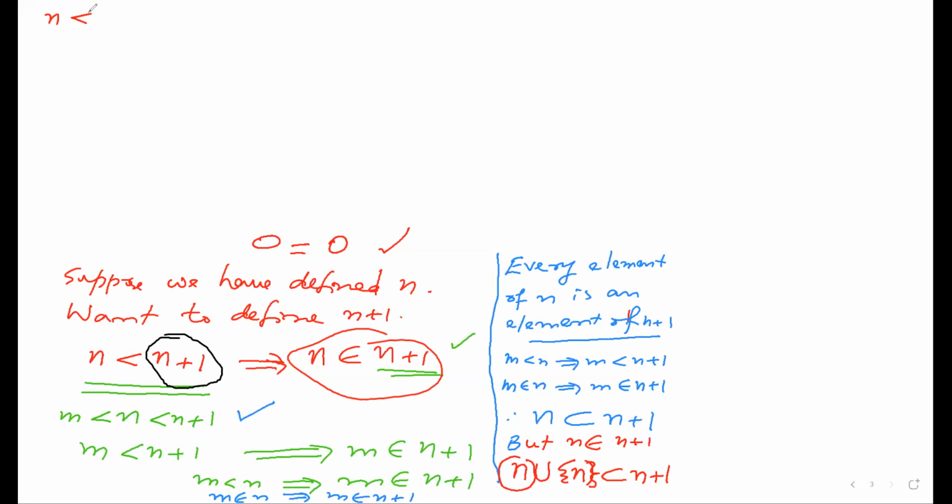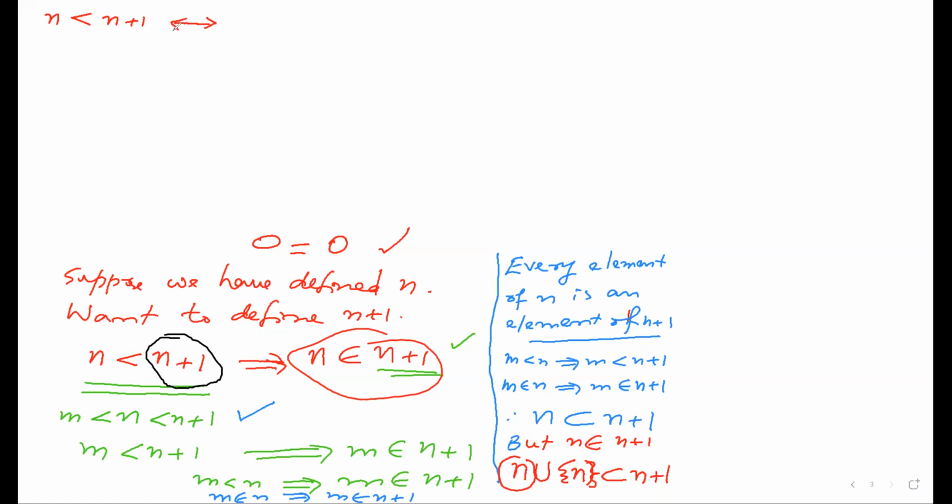N less than n plus 1. That is the property of the natural numbers. Agreed? This is a property of the natural numbers. N less than n plus 2, n less than n plus 1. We want that to be reflected in the nature.